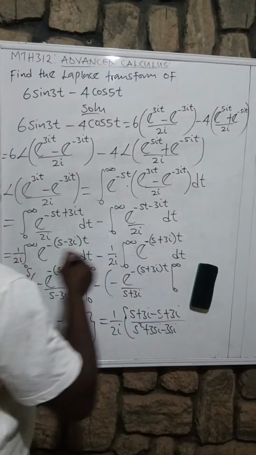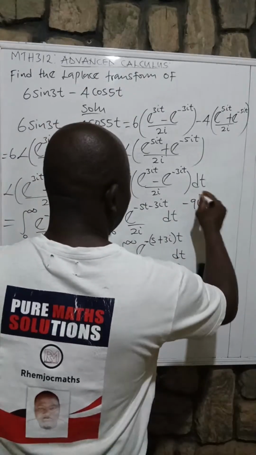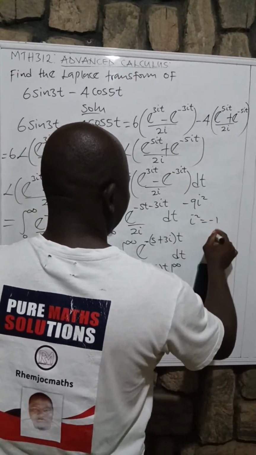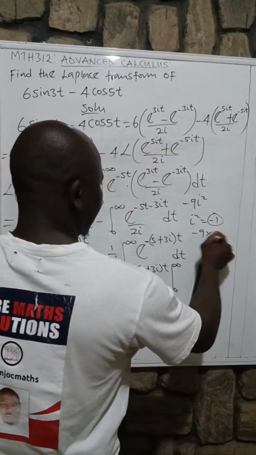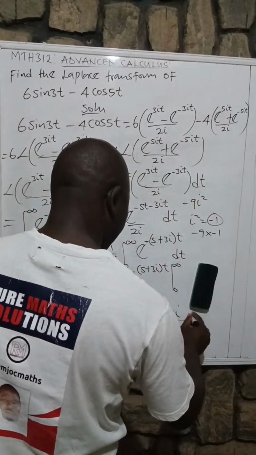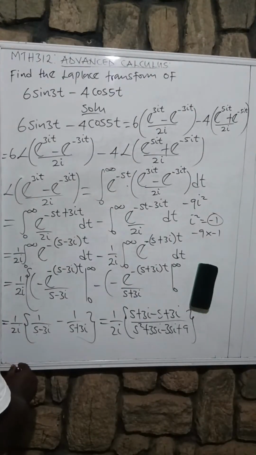We are supposed to have minus 9i squared. But i squared is minus 1, so use this minus to multiply minus 9 times minus 1. We are going to have plus 9, right? So far so good.